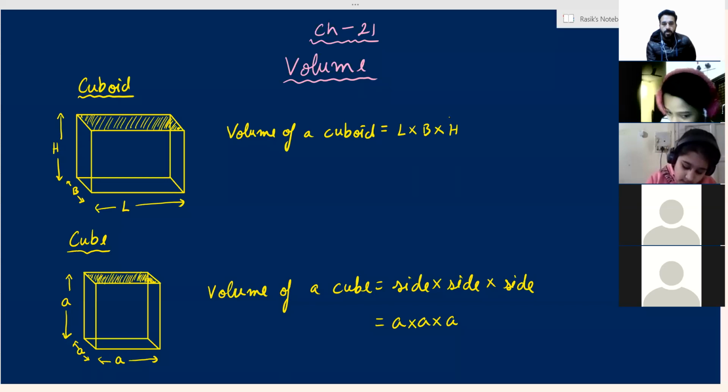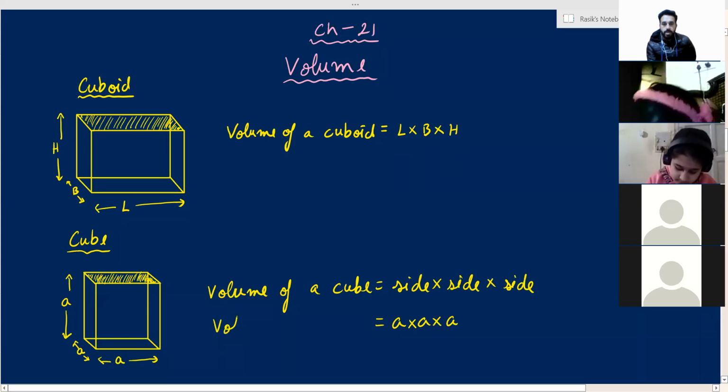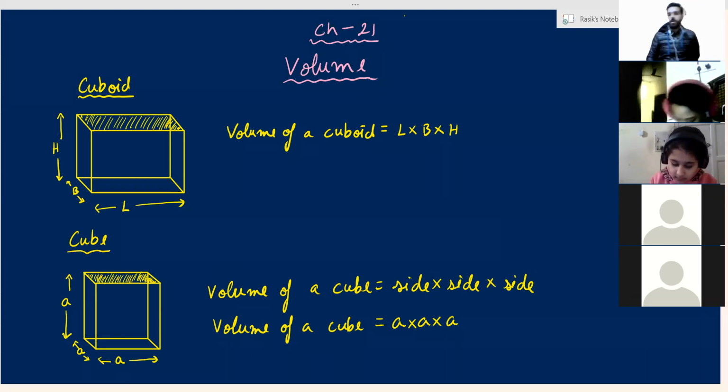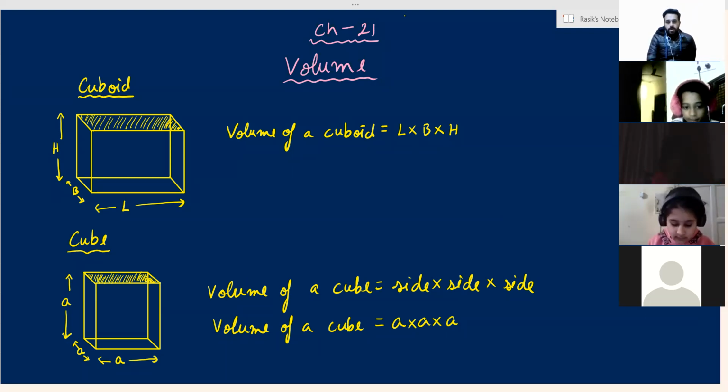So volume of a cube is side multiplied by side multiplied by side, or we can say that A into A into A. Okay. So this is the volume of a cube. Draw the figure and write the formula, all of you. Sir, written.